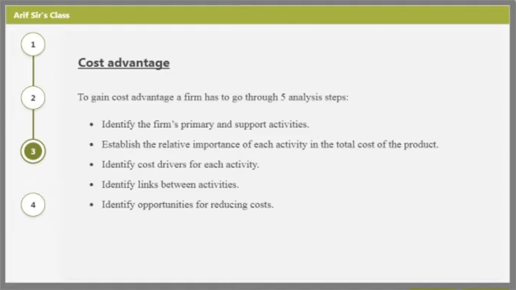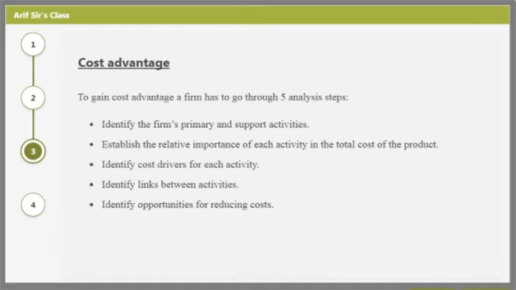The third is to identify the cost drivers for each activity. The fourth is to identify the links existing between the activities, and the fifth step is to identify the opportunities for reducing the costs. Now we will see each step in detail.